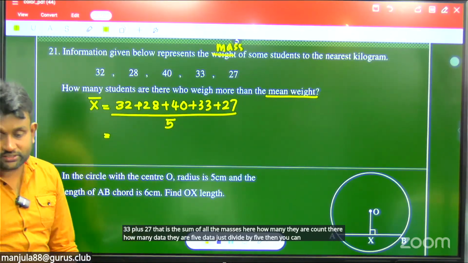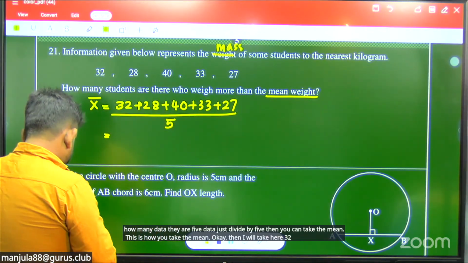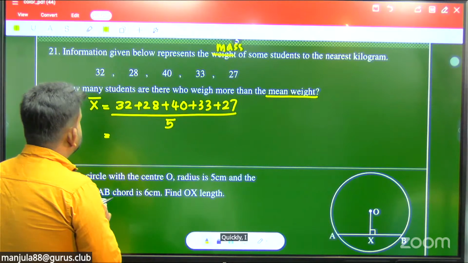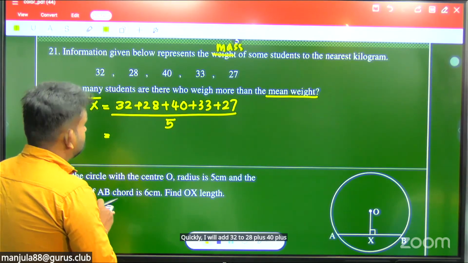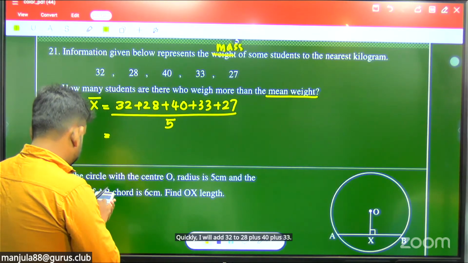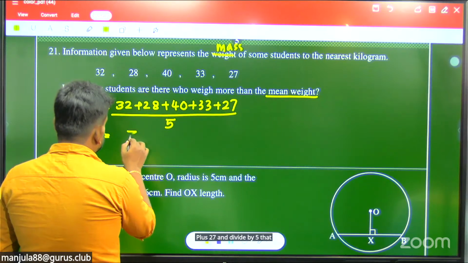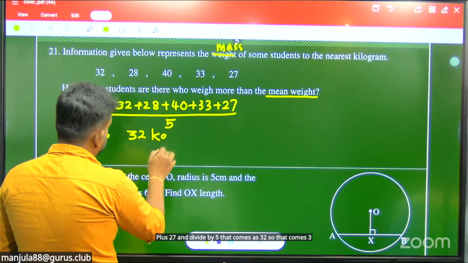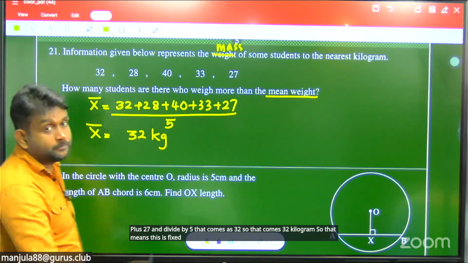This is how you take the mean. Quickly adding 32, 28, 40, 33 and 27 and dividing by 5 comes to 32. So that is 32 kilogram. This is the x bar, x bar means the mean.